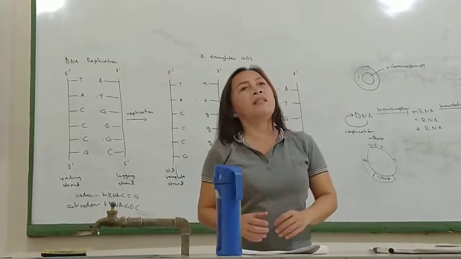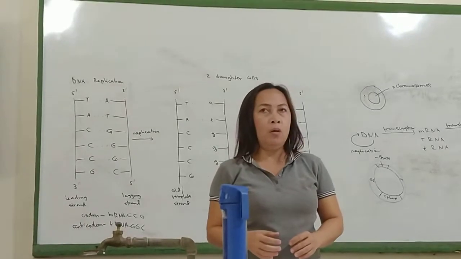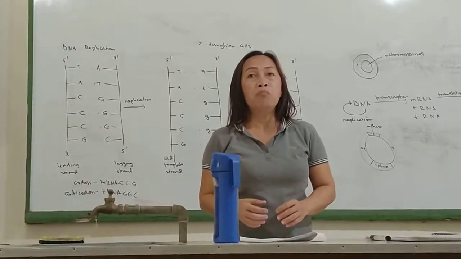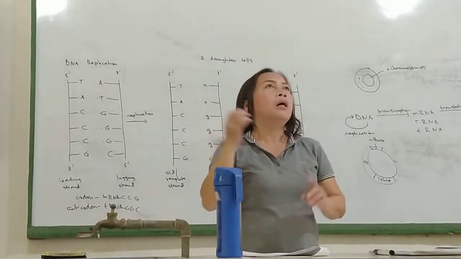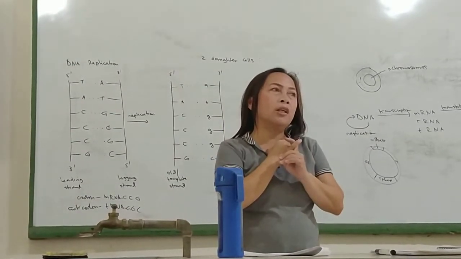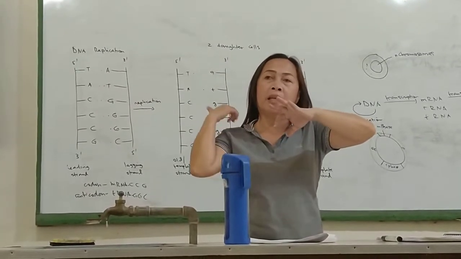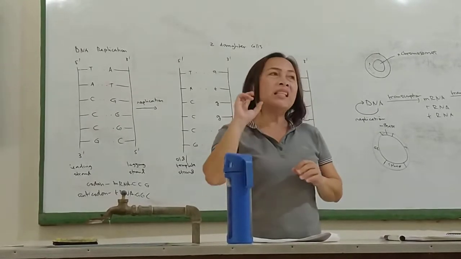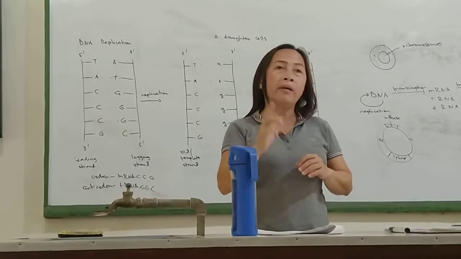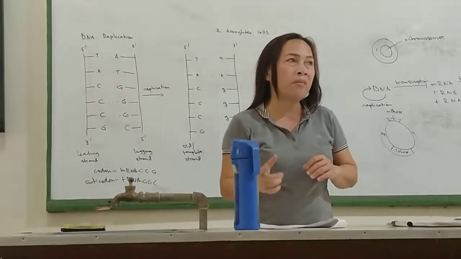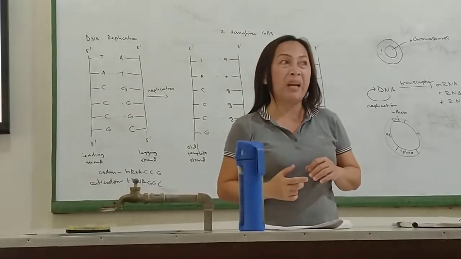Now, after stabilizing the single-stranded DNA, then there is what we call priming with RNA molecule. We say priming class. You know what? DNA polymerases, though they are responsible for the polymerization during the DNA replication, the weak area of these DNA polymerases 1, 2, and 3 is that they cannot start the replication process.